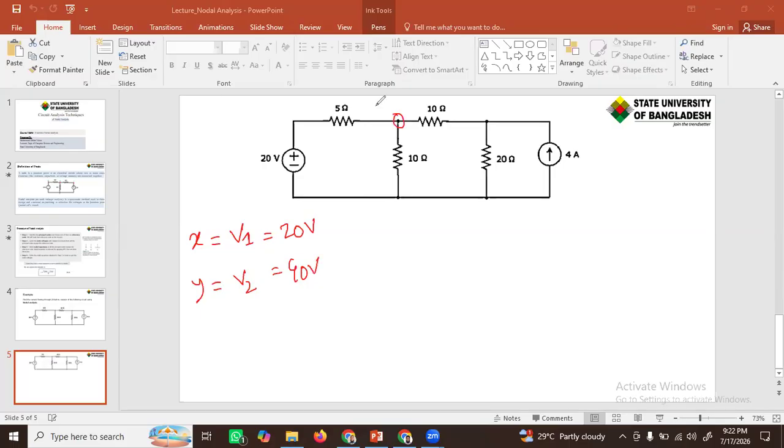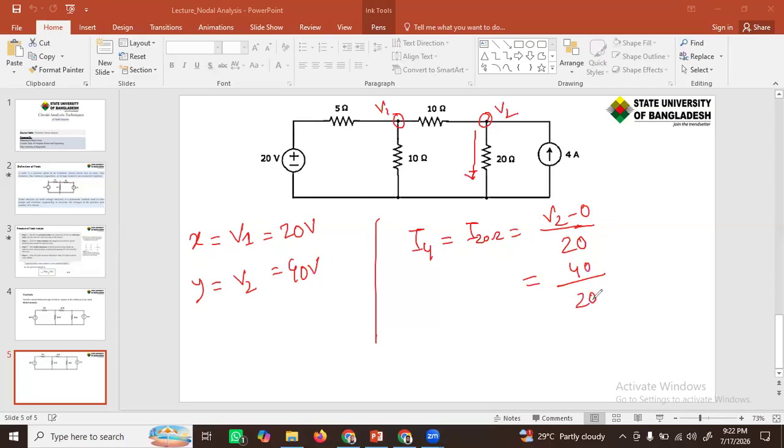So this is our V1 and this is our V2. And the current passing through this 20 ohm is nothing but I4. That means I20 ohm, which we solved earlier, is V2 minus 0 over 20. That means 40 over 20, so it will be 2 amperes. And this is your answer.